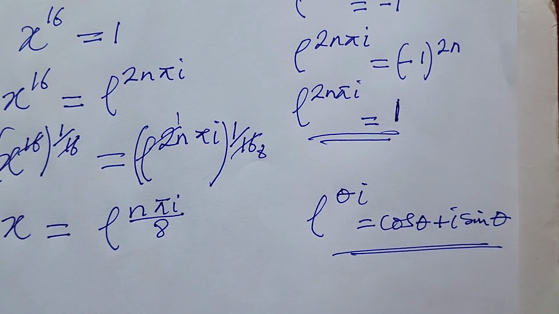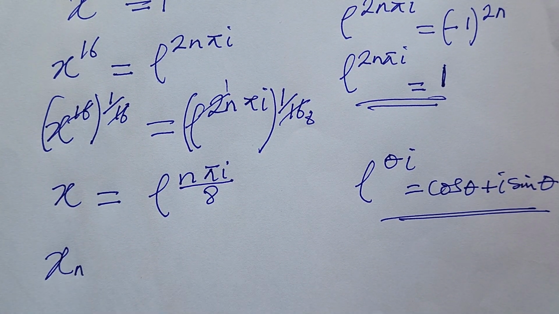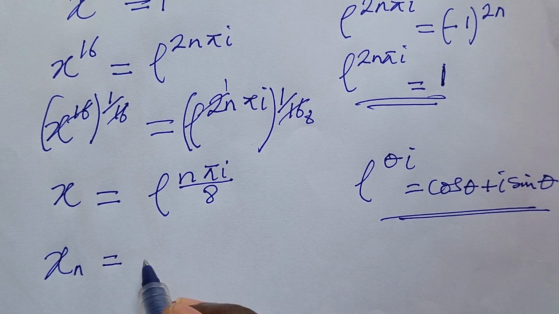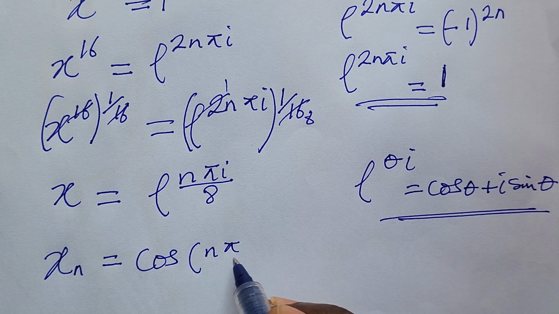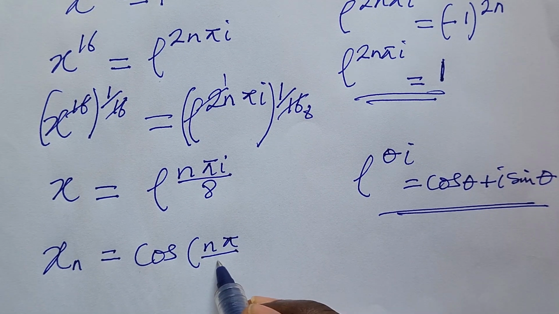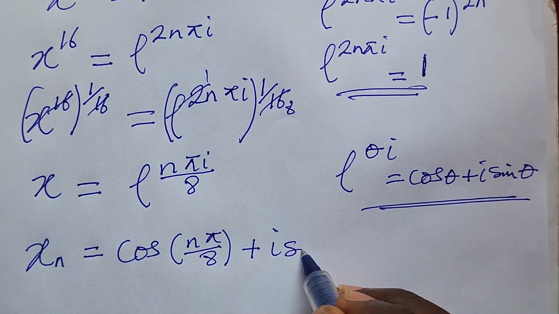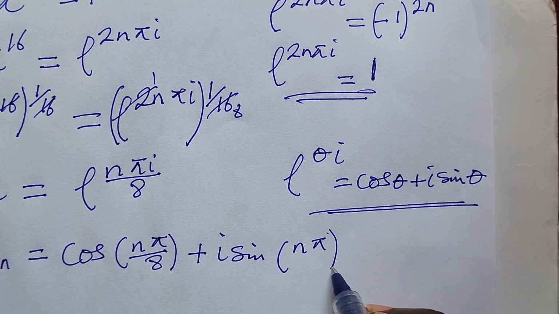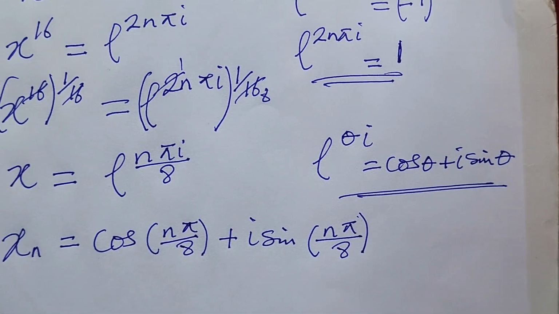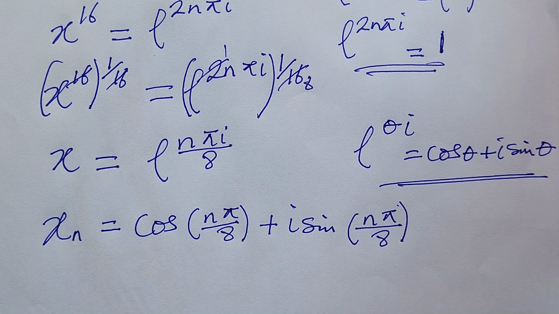It means our x subscript n will now give us cos of n pi over 8, plus i sine of n pi over 8. Easy, right? So this is the equation we're going to use to get all the 16th roots of our math challenge.